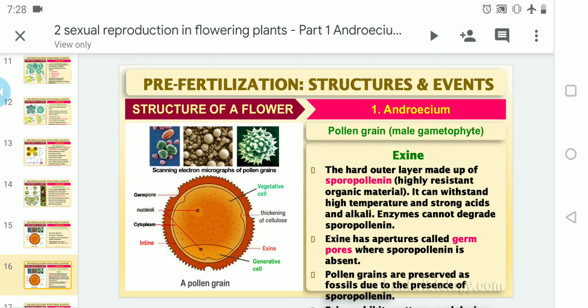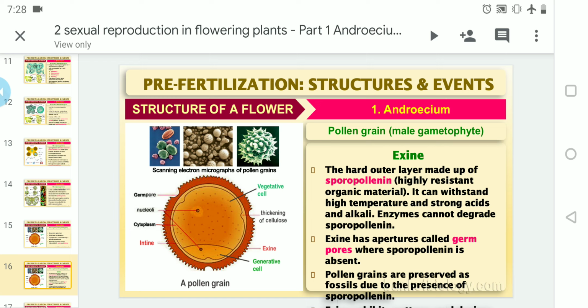It can withstand high temperature and strong acids and alkali also. So enzymes cannot degrade sporopollenin. As I told you, it is during the period of evolution for the purpose of protection, so that the pollen grain should be well protected.